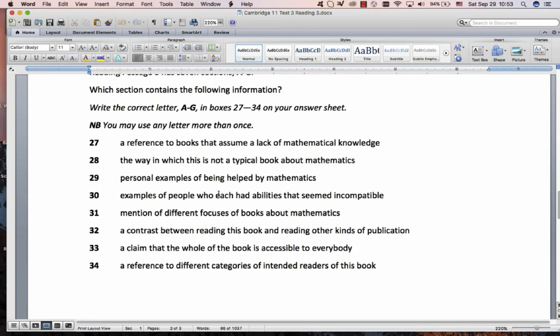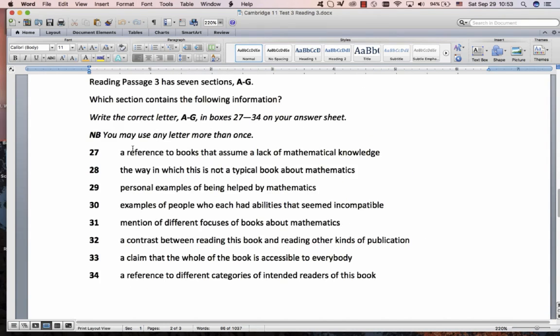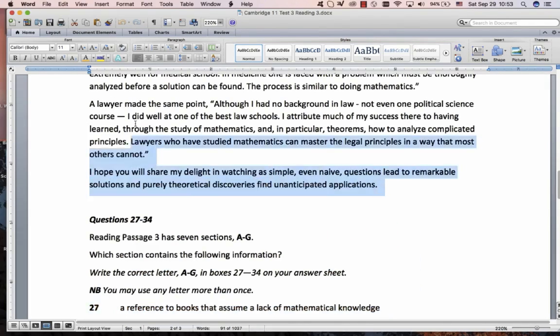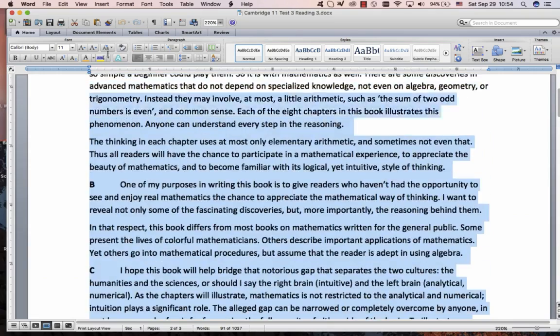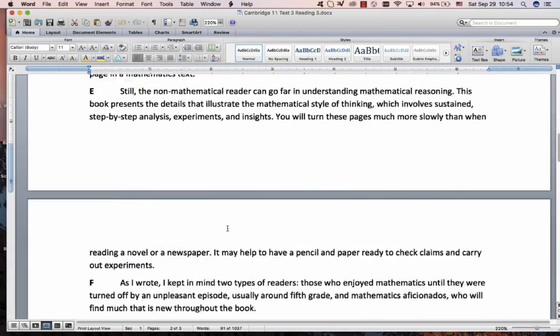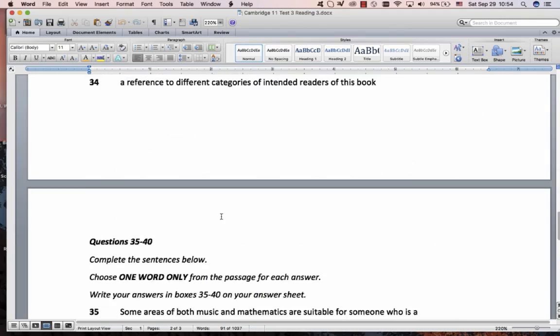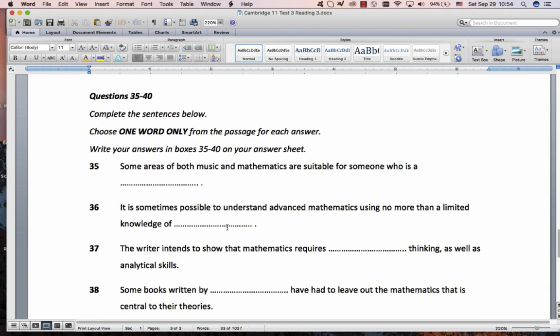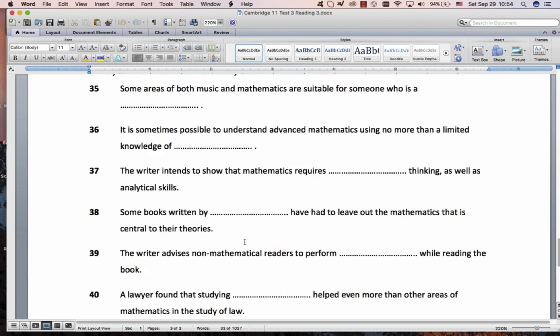Now, one thing to understand here is this question type always comes from everywhere. They can take it from anywhere in the whole text. So that means that they will probably take from everywhere as well. Of course, they can just use a few paragraphs, but it's more than likely that they will take it from everywhere.